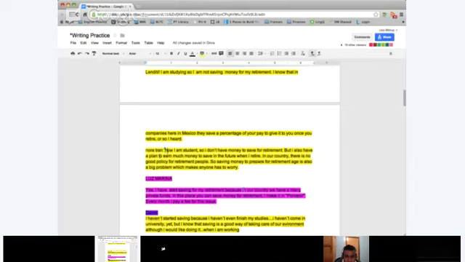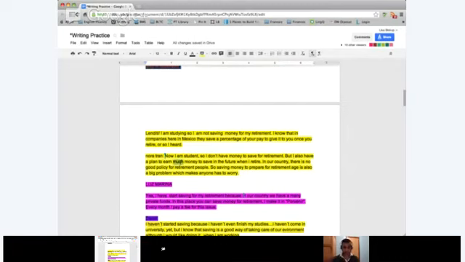Okay, good. So I will read it and make a few corrections. Now I am a student, so I don't have money to save for retirement, but I also have a plan to earn a lot of money to save in the future when I retire.